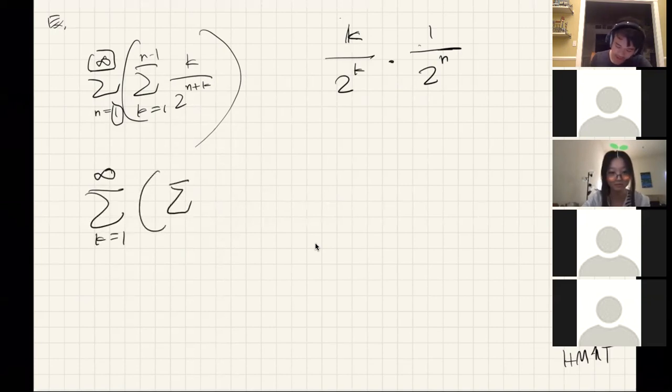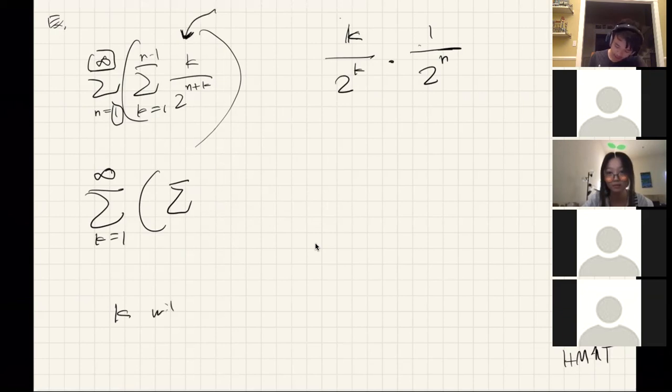So the question, once again, is for a given integer k, which n is it going to appear in this following sum?